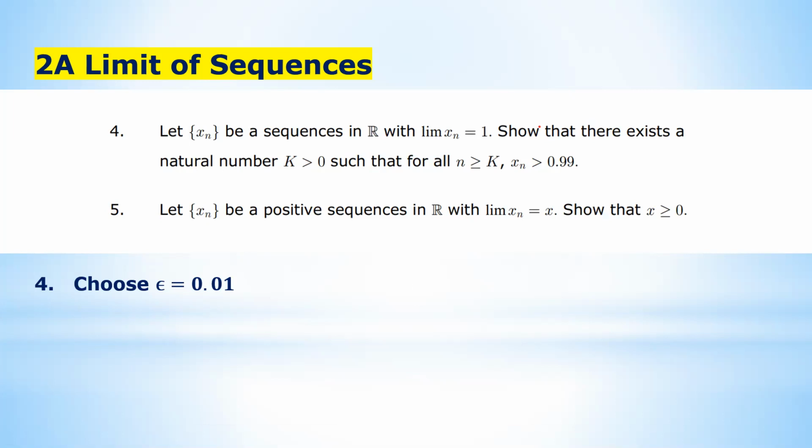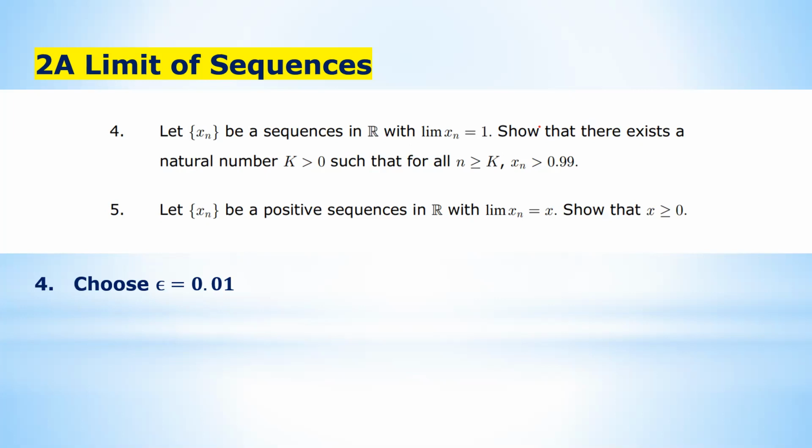Now here is how you can think about this. Xn goes to 1. So when n is large enough, the xn will be very, very close to 1. When xn is very close to 1, xn has to be greater than 0.99, obviously. How can you justify this?